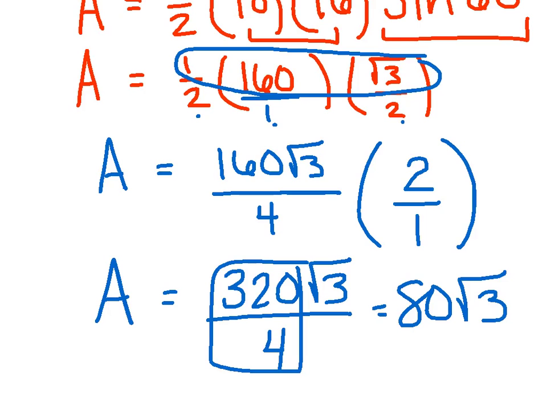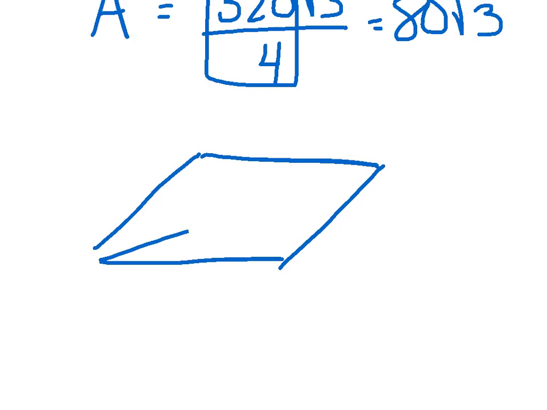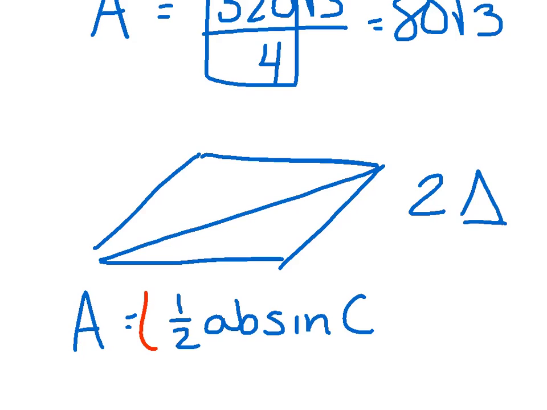Now, perhaps you might have thought a quicker way to get there. Let me just review this. We just said a parallelogram is made out of 2 triangles. And if the area of a triangle formula is 1/2 AB sine C, and a parallelogram is made up of 2 of them, you're really just taking this area that you have and multiplying it by 2.